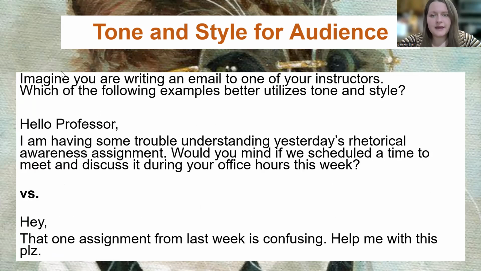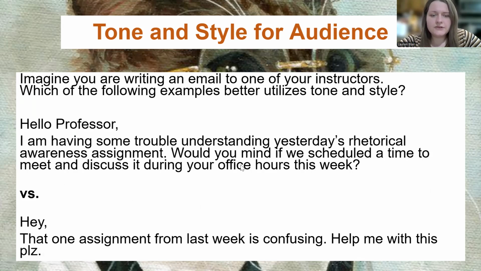And here's an example of that. It's a more concrete example. Like if you're writing to a professor in one of your classes, that is being super professional when you're writing, like, hello, professor, I'm having some trouble with understanding yesterday's rhetorical awareness assignment. Would you mind if we scheduled a time to meet? Versus, hey, that one assignment from last week is confusing. Help me with this, please.